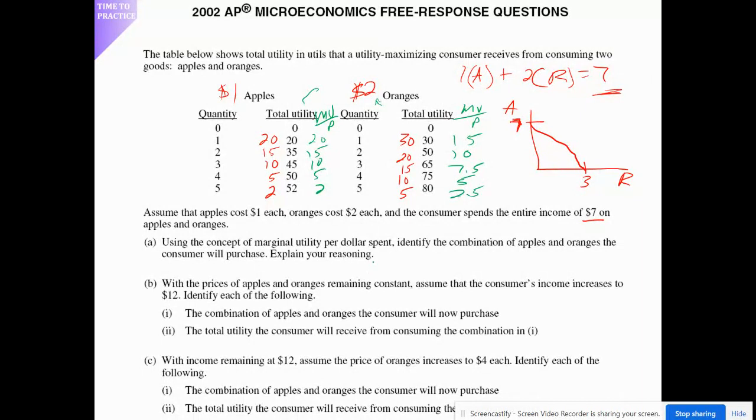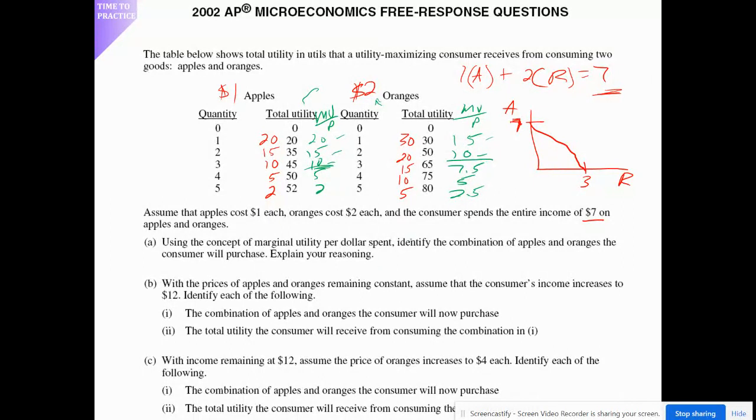So where should we be to get the most out of our $7? Well, we're definitely going to buy this first apple. And then the second apple, so we're 15 and 15 here, the first orange and the second apple, but that's only $4. So let's look at 10 and 10. Here we go, $1, $2, $3 here, and then $4 at $7 right there.